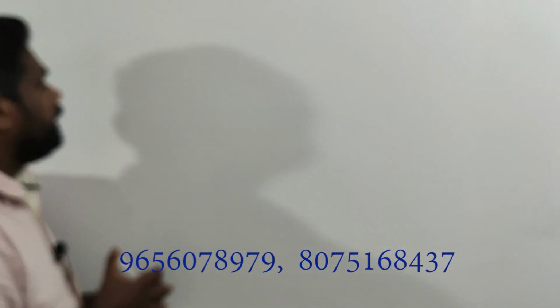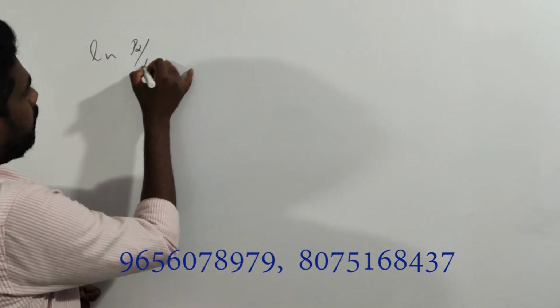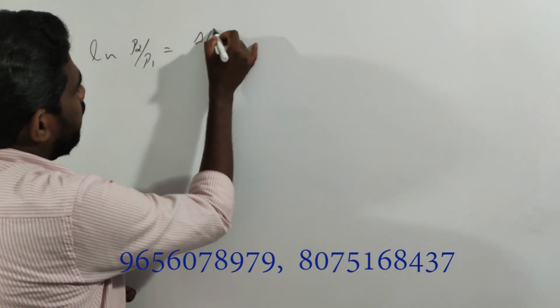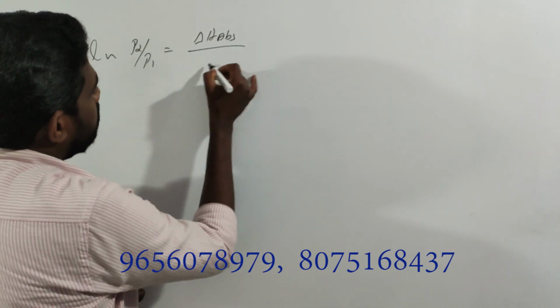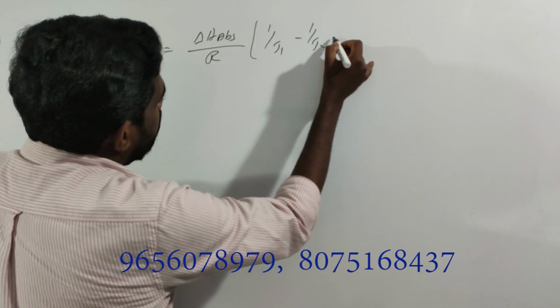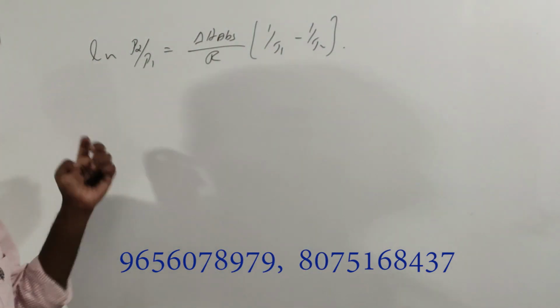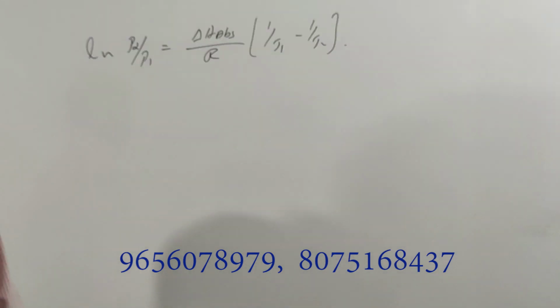We should find out the delta H of absorption. From Van Hoff equation we will get ln P2 by P1 equal to delta H absorption by R into 1 by T1 minus 1 by T2. So this is the Van Hoff equation. From this one we can easily calculate, because all the values are given.